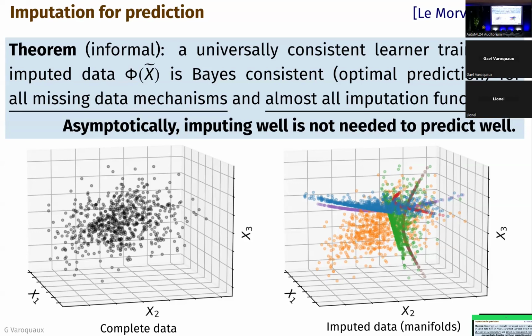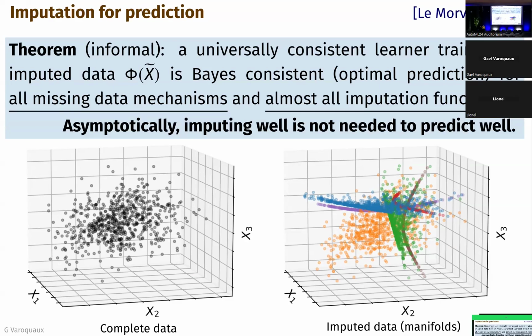What's a universally consistent learner? A learner that can approximate any function. Then this will lead to optimal prediction, whatever the missing data mechanism. So we don't need the MAR assumption, and this holds for almost all imputation functions.